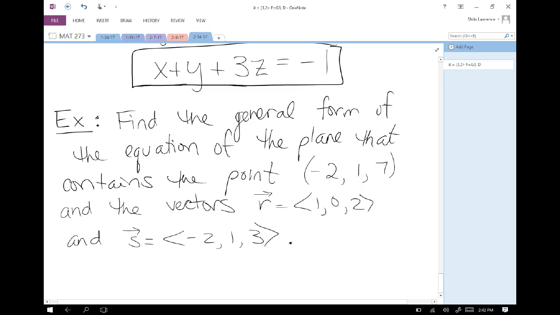We want the plane that contains all that stuff, that point and those two vectors.